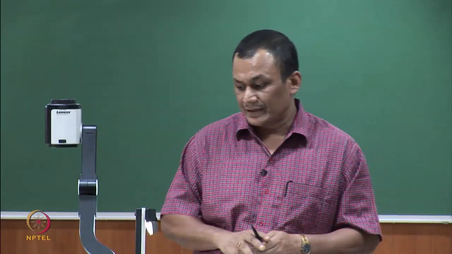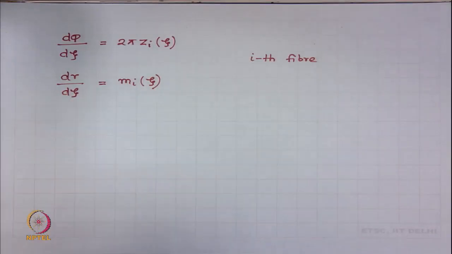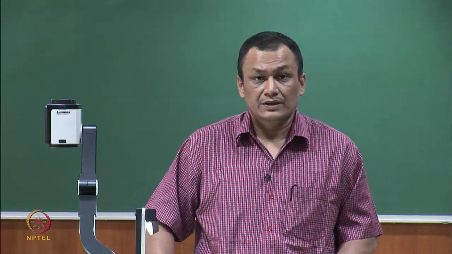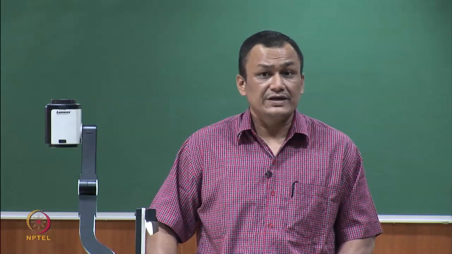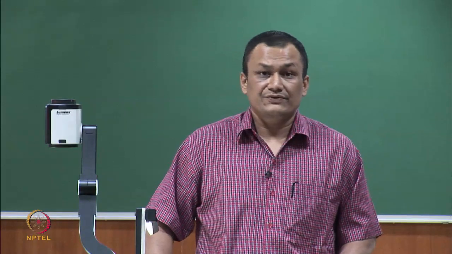This ith fiber will have these two functions in order to describe its path. These two functions are very important to describe the path of a fiber inside the yarn. Even using these two functions, very interestingly, we can classify the models of yarn structure.